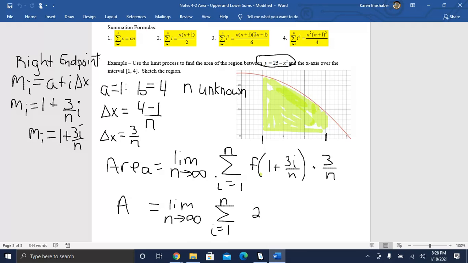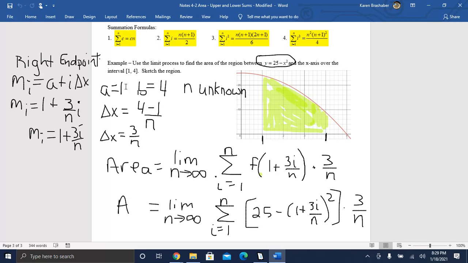So it'll be 25 minus our x, which is 1 plus 3i over n, and that needs to be squared. And then we'll take all of that times 3 over n. So I've made my substitution into the function.